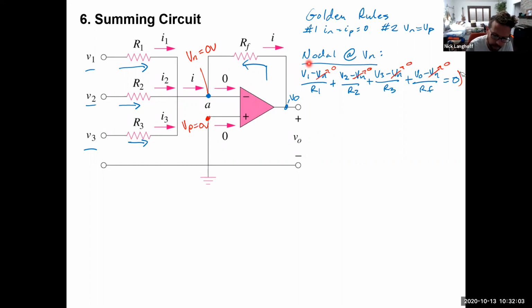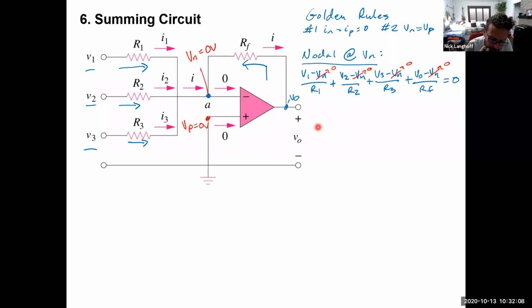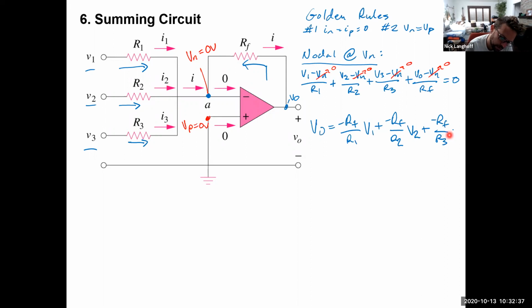If we multiply by RF and then solve for Vout, I think you can follow through on the algebra. So Vout is equal to minus RF over R1 times V1, plus a negative RF over R2 times V2, plus a negative RF over R3 times V3.